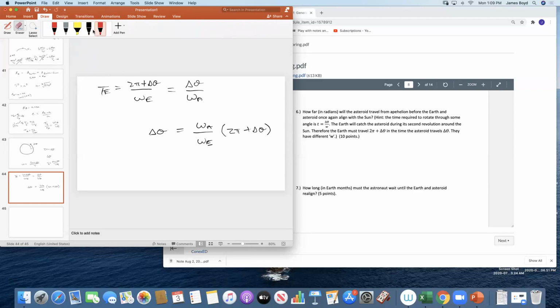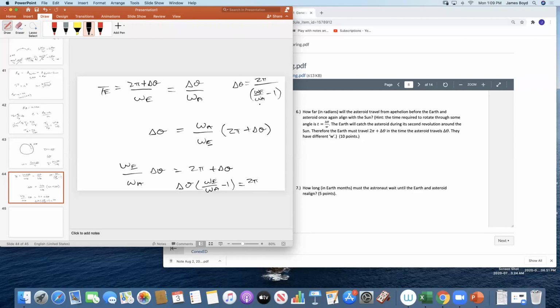Let's do this. Multiply through by that, omega E over omega A times delta theta is 2 pi plus delta theta. If I move that over, I get delta theta times omega E over omega A minus 1 is equal to 2 pi. And finally, going up here, we get that delta theta is 2 pi divided by omega of Earth over omega of A minus 1.